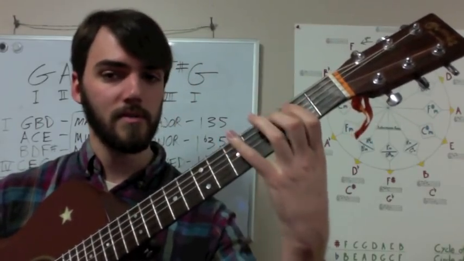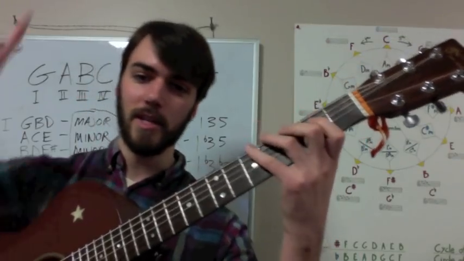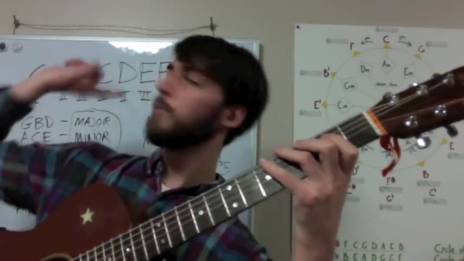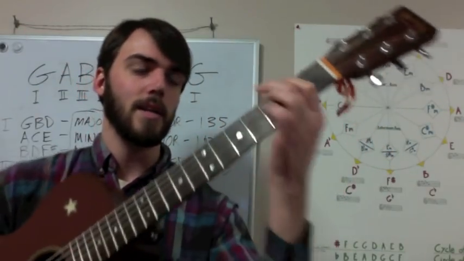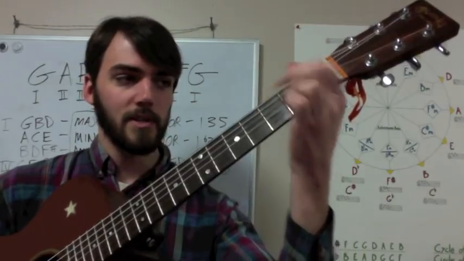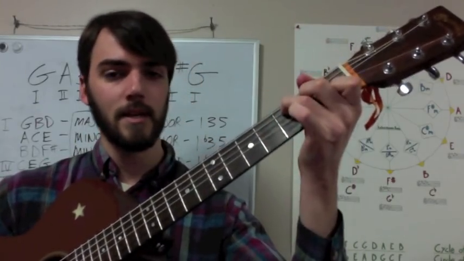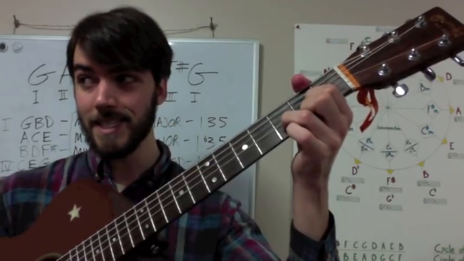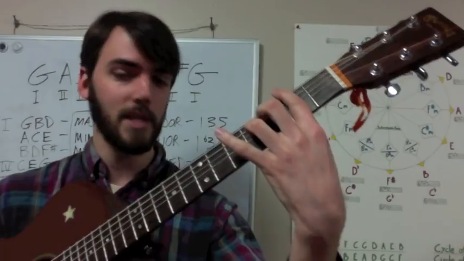Do, re, mi, fa, sol, la, ti, do, and so on. That's our G major scale. That's these notes up here. Now if I take each of those notes and I make a chord, then I'd get G major, A minor, B minor, C, D, E, and then F sharp diminished.